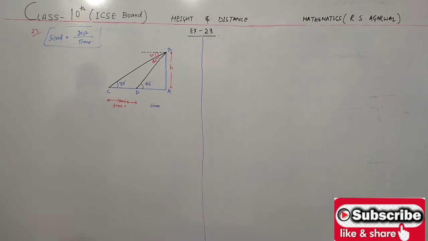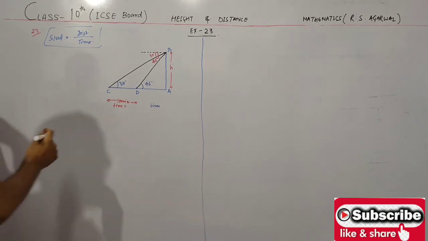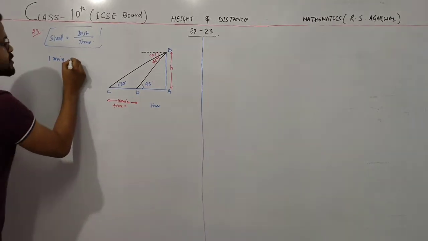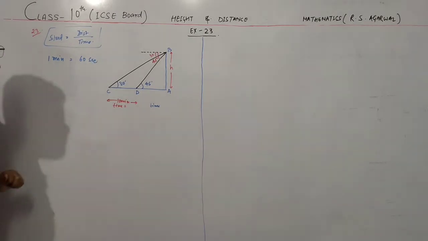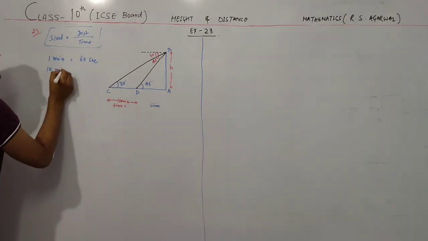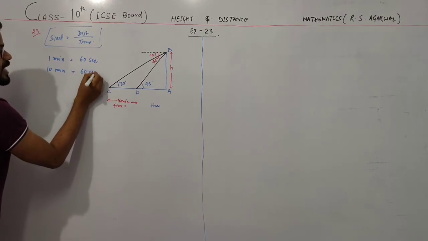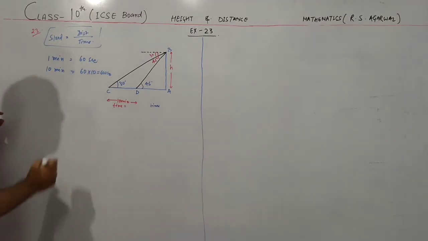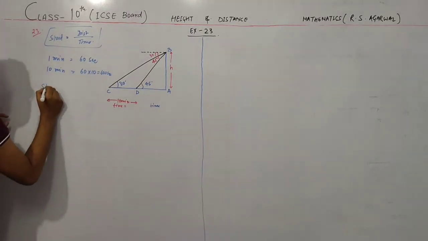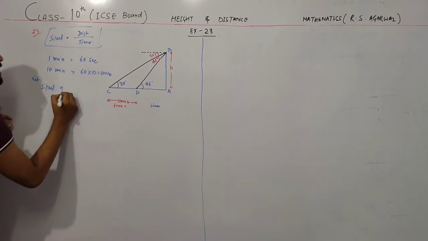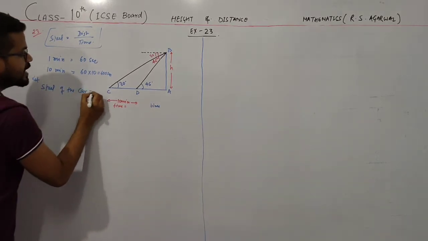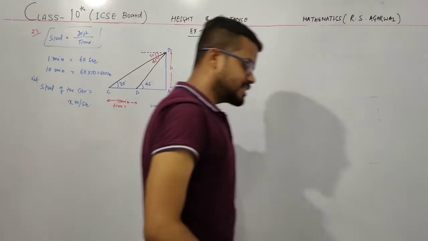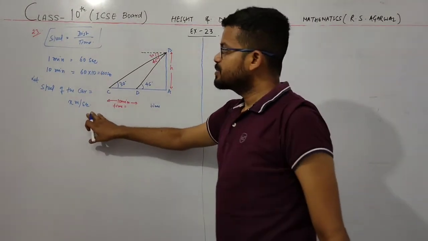Now here the time is given in minutes, and we know that 1 minute is equals to 60 seconds. So 10 minutes is equals to 60 into 10, which is 600 seconds. Now let the speed of the car be x meter per second.